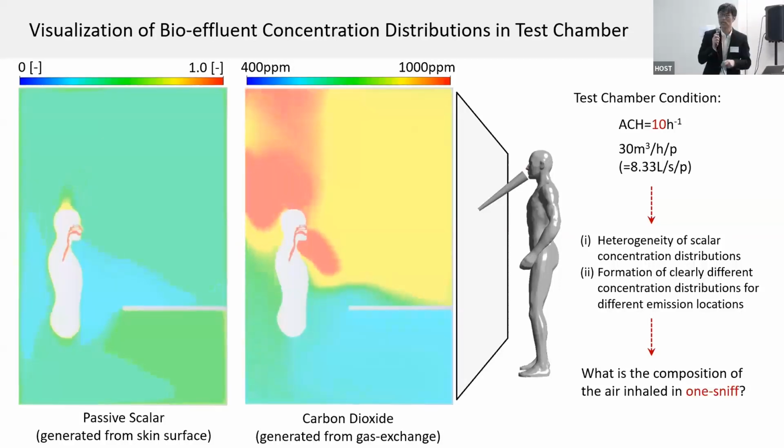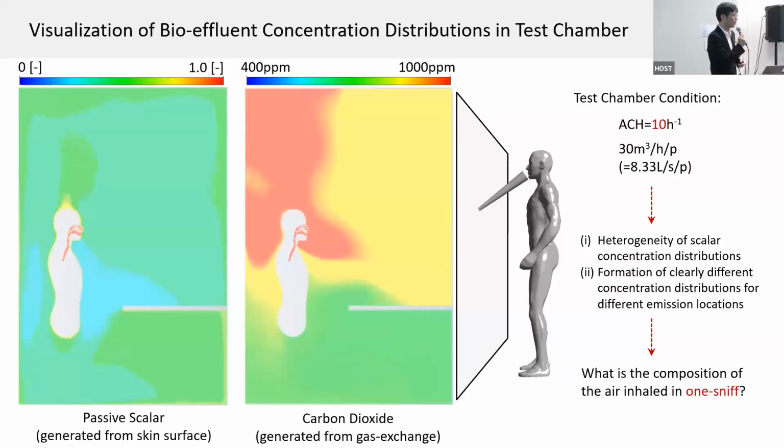First one is the heterogeneity of scalar concentration distribution in this indoor environment. This condition is very special because there is only one human body in a very small room with a high ventilation rate, 10 air changes per hour. But still, we can confirm the heterogeneity of scalar concentration distribution in this enclosed space.